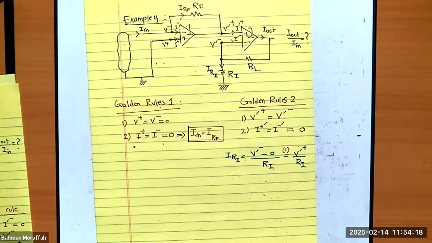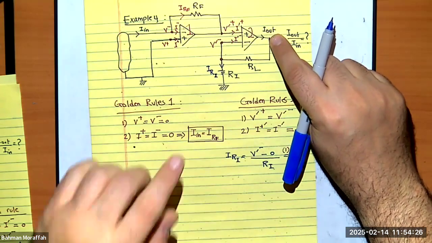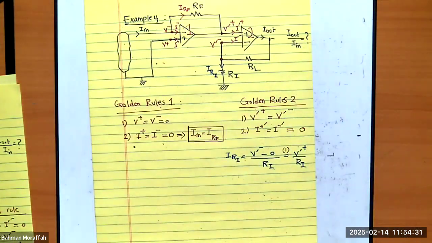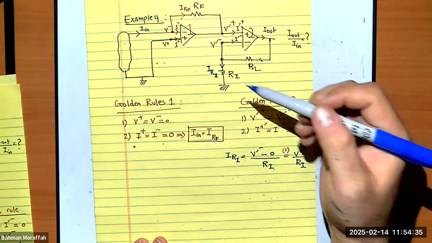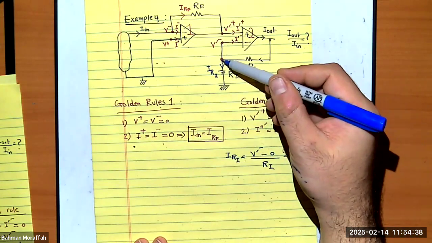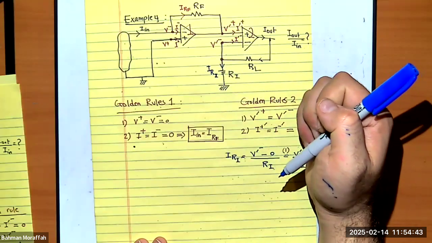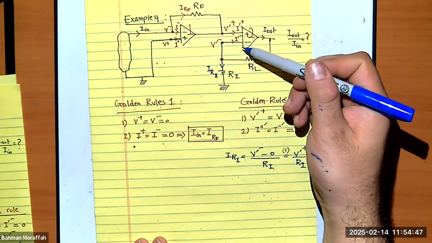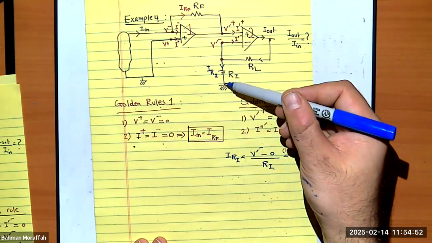What else do we have? What I'm claiming here is that this I out is exactly the same as this I through Ri. Why? Because this is going to be I out. It gets to this point, and it splits between this branch and this branch up here. But this branch up here has no current flowing through it. So whatever I have here is just going to flow through Ri.